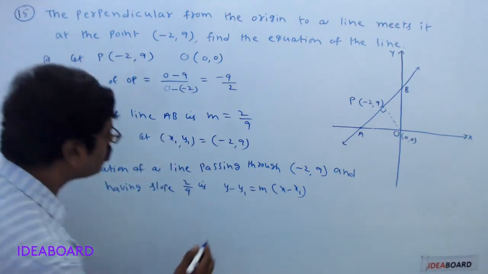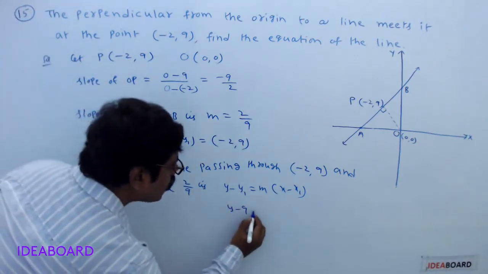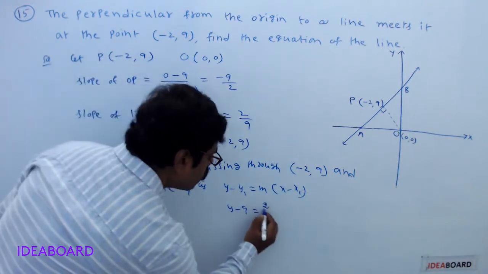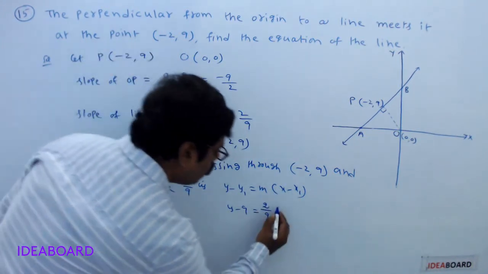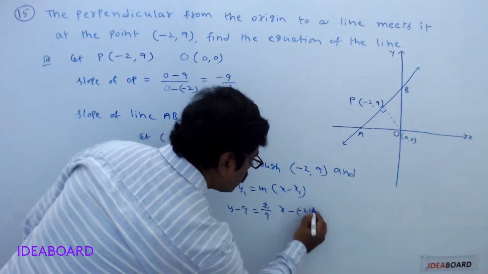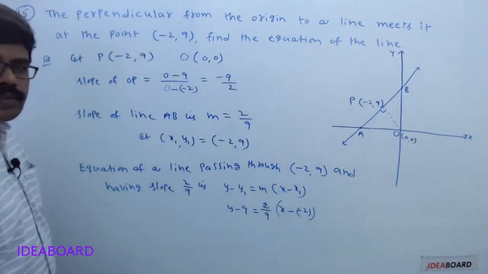Substitute the corresponding values: y minus 9 equals 2 divided by 9 into x minus of minus 2.